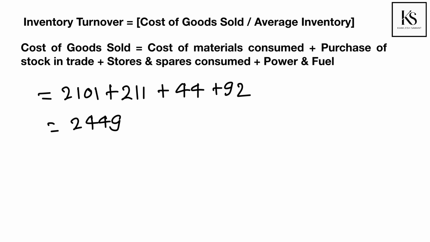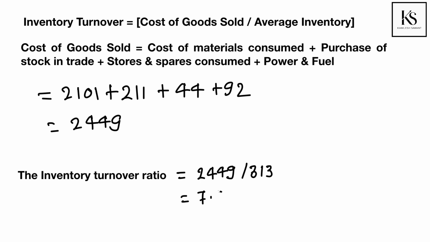The inventory turnover ratio is equal to 2449 divided by 313, that is equal to 7.8 times, that is roughly 8 times in a year. This means Amar Raja Batteries Limited turns over its inventory 8 times in a year or once in every 1.5 months. Needless to say, to get a true sense of how good or bad this number is, one should compare it with its competitors' numbers.